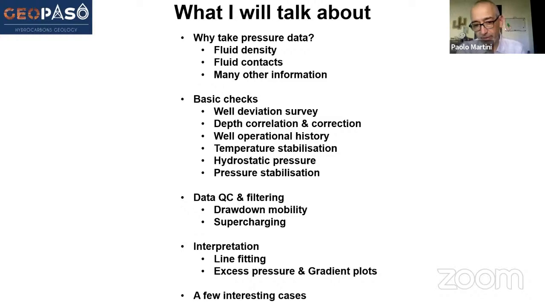QC and filtering of the data, mainly based on supercharging or, let's say, the drawdown mobility. And then some interpretation techniques, which include line fitting, excess pressure plot, and gradient plots. And then I will show you some interesting cases that I found or I worked on in my career.